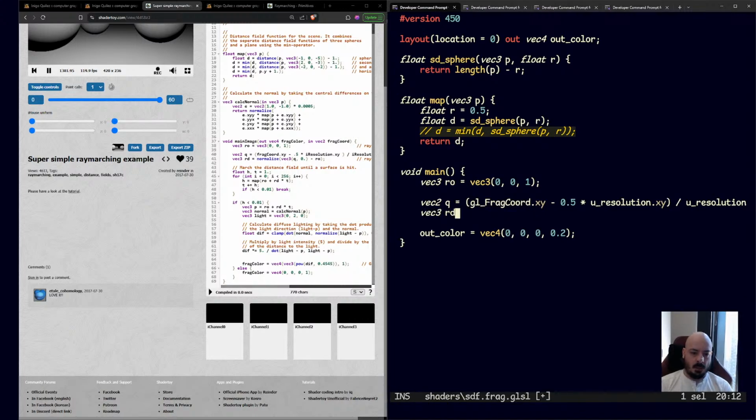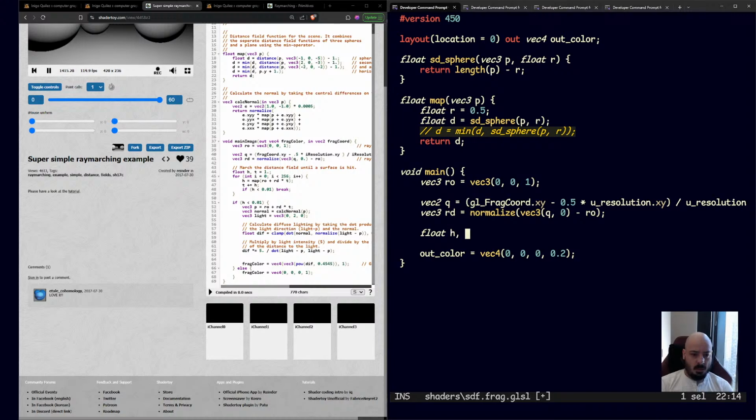Then the ray direction we can calculate based on the normal vector of Q with 0 as the Z. So this gives us the XY direction. That's what Q is, somehow calculating the XY direction based on this. Okay, minus ray origin. Alright, I'm going to have to figure that out as well.